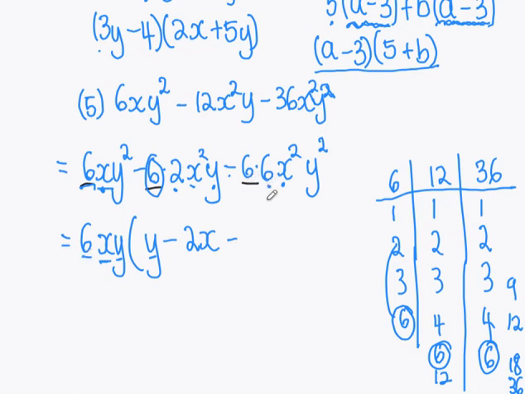We're left with another 6. And then also, we have 2 x's here. We take one x as a common factor, we're left with an x. And we have 2 y's here, we take one y as a common factor, we are left with the other y. That then becomes the answer for this common factor factorization.